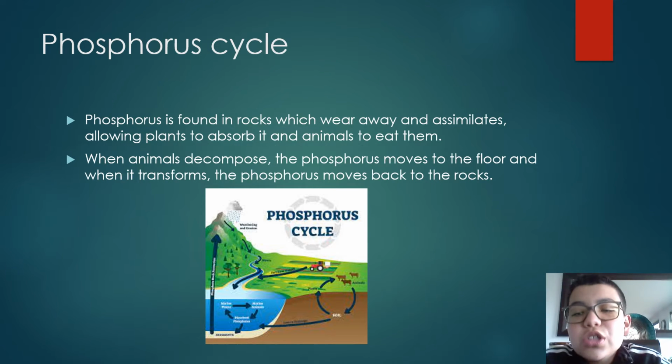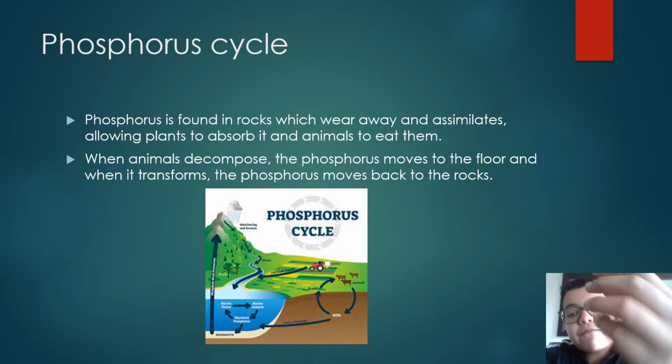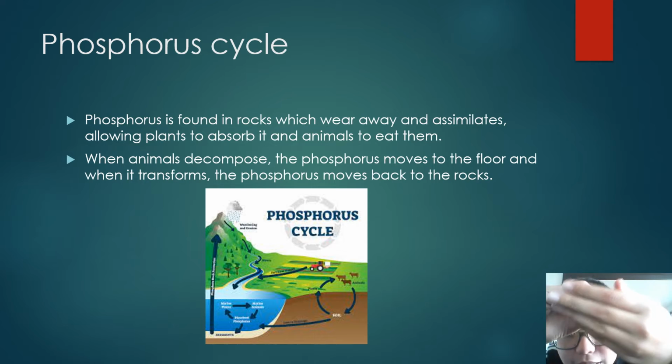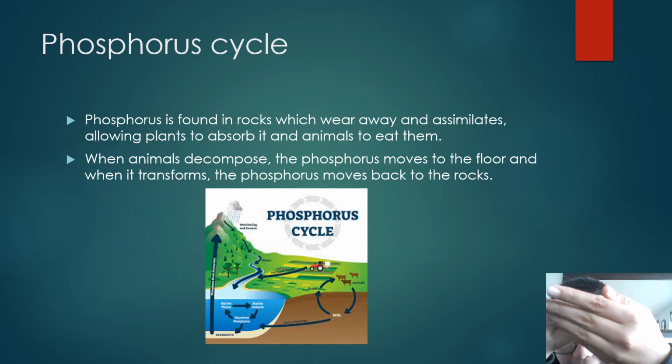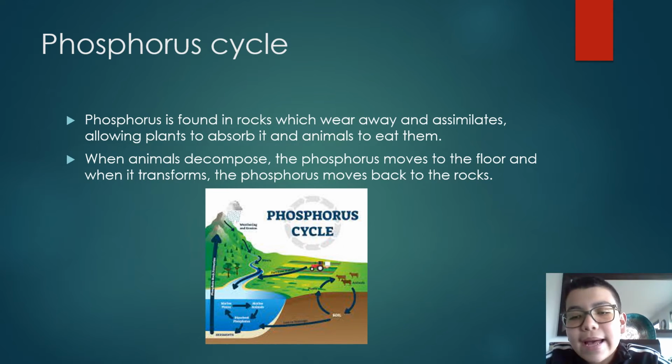Now we must talk about the phosphorus cycle. Put attention with this information, please. The phosphorus is found in rocks. Here it begins the cycle, which wears away with the raining. The rain falls on the rocks, and the rain makes the phosphorus wear away, and it assimilates. Now it is on the soil.